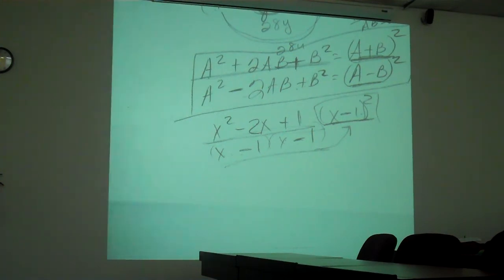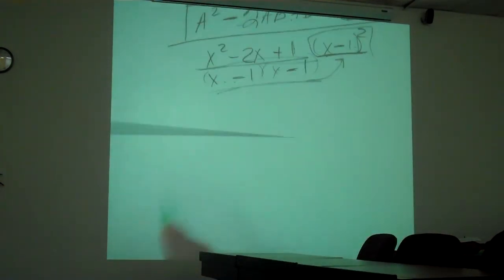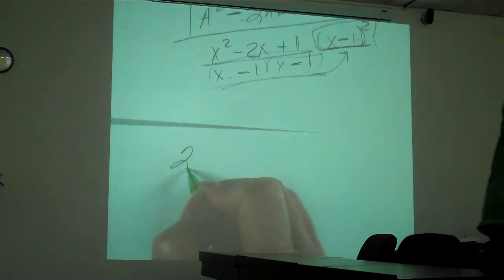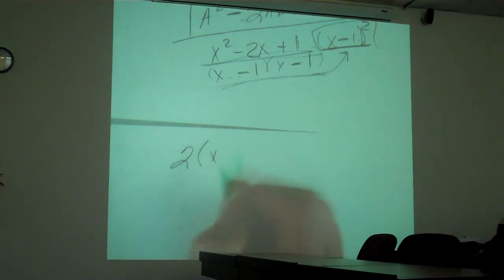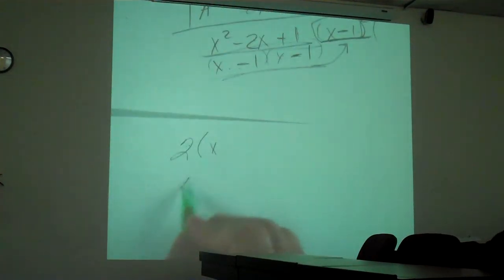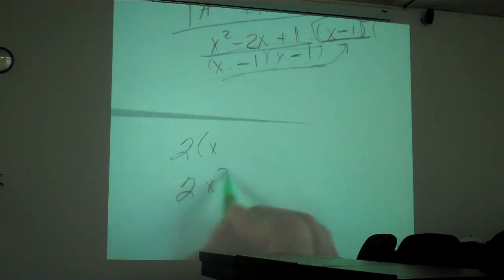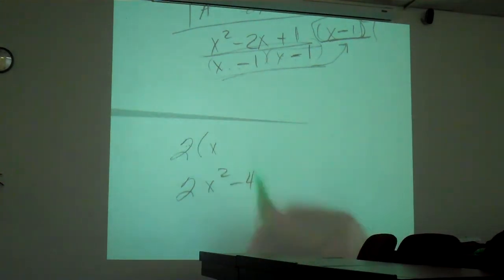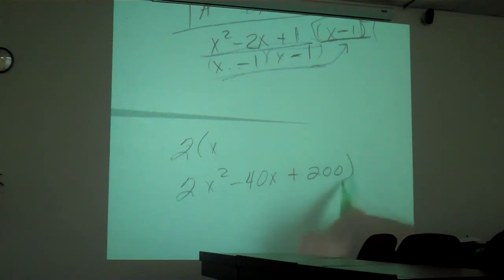Okay, let's do another one. This one, you do need to factor the 2 out first, like that. 2x squared minus 40x plus 200.